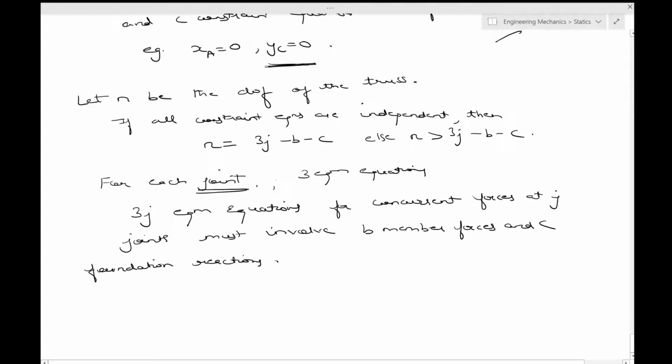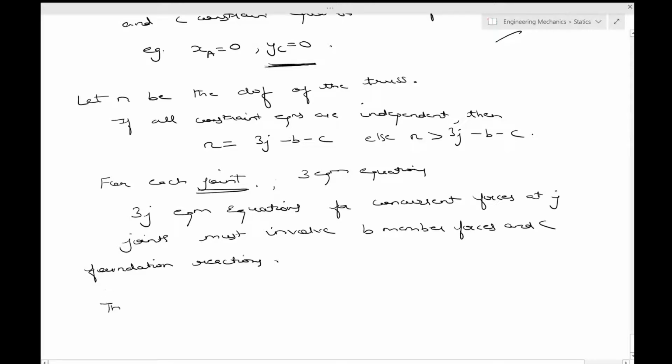If you take the equilibrium equation for the whole truss as your system, they will not furnish any independent equations. This is something we have already discussed before, when we were considering the system of rigid bodies.